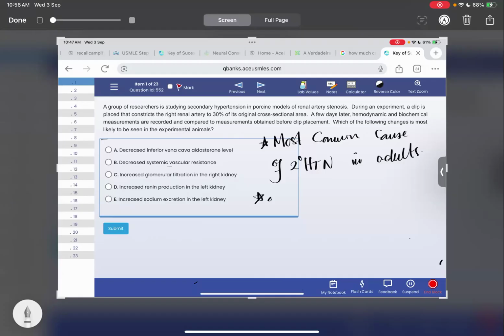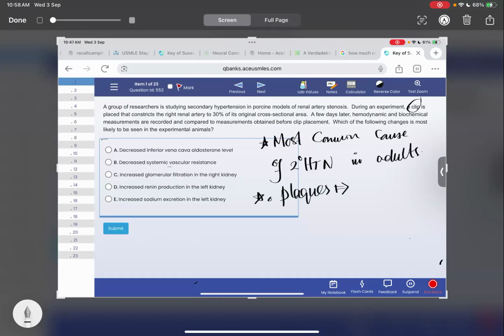What will be the cause of renal artery stenosis? In normal cases, not like in the experiment where we have clipped the right artery, what will be the cause of renal artery stenosis? Plaques, okay? Atherosclerotic plaques.